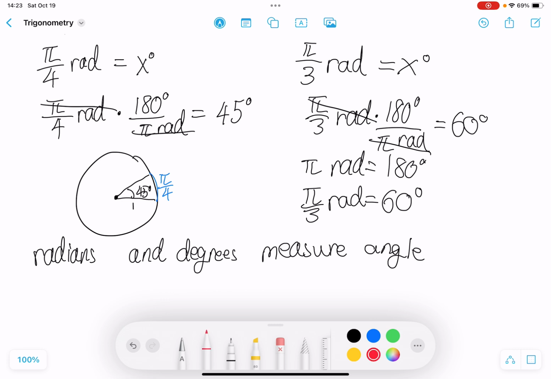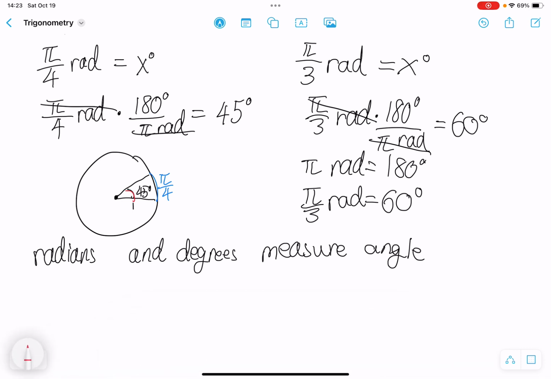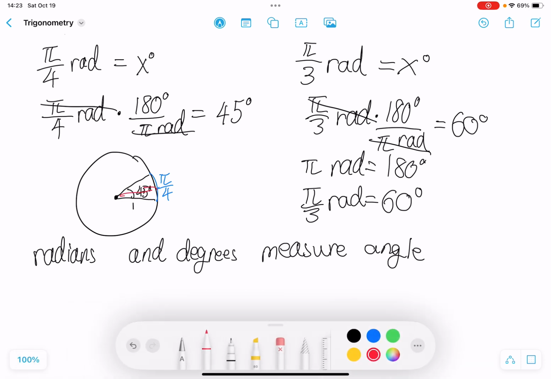You can imagine this angle corresponds to pi over 4 length of the circumference, and notice in radians, you assume that the radius of the circle you're drawing is 1. For example, 360 degrees is 2 pi radians, because the formula for circumference is 2 pi r, and you just assume your radius is 1. We're going to talk about this radius 1 circle next lesson. It's called the unit circle. A circle with radius 1 is called a unit circle, and we'll talk about that next time.